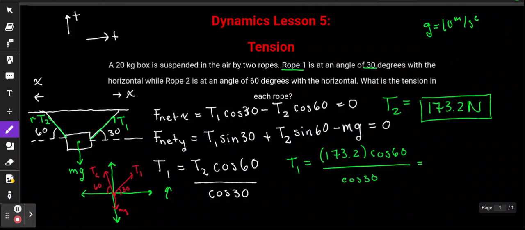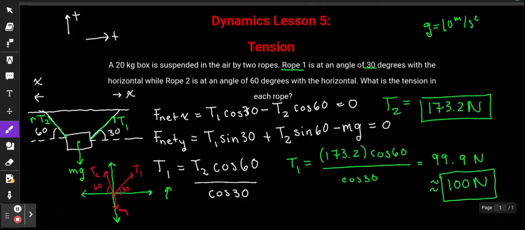So let's plug this into our calculator. 173.2 times cosine of 60 and then divided by the cosine of 30. This gives me a tension of 99.9 newtons, which I'm going to round up to 100 newtons.